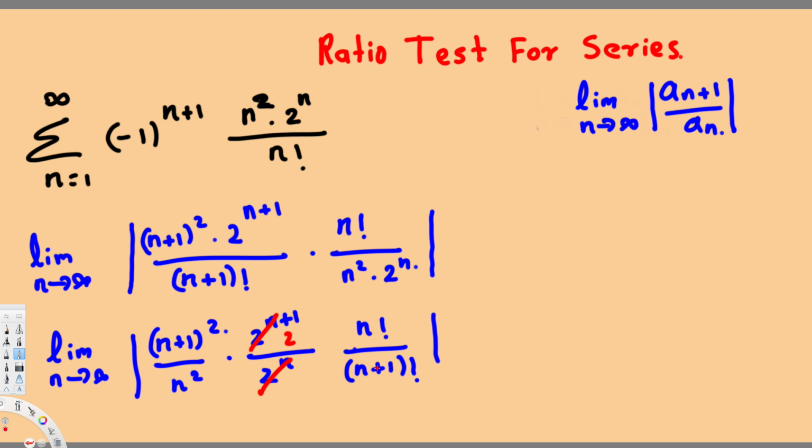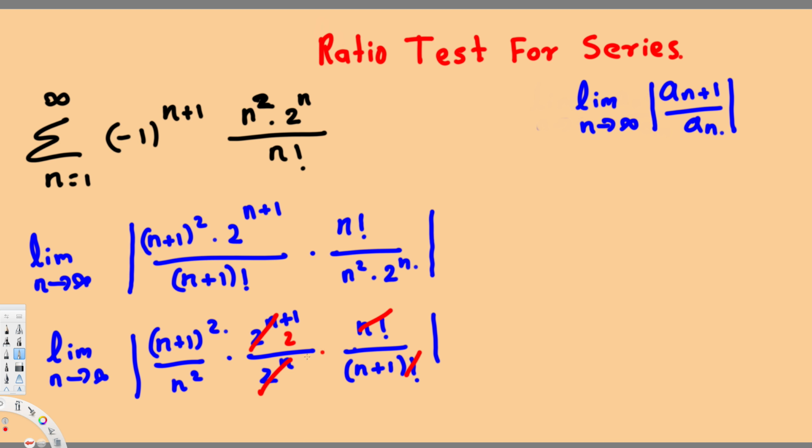After n plus 1, everything else is going to be the same as this n. So we can cancel this n factorial with the factorial in the denominator, because after (n plus 1) everything else is the same as n factorial. We cancel that one, and we only have n plus 1 left.